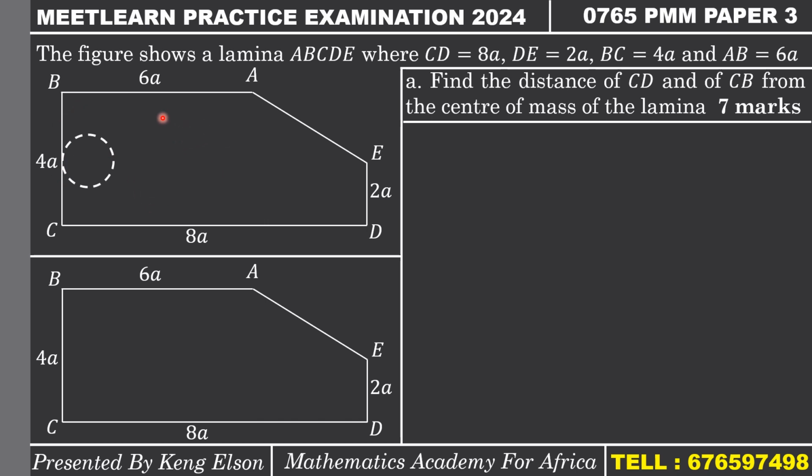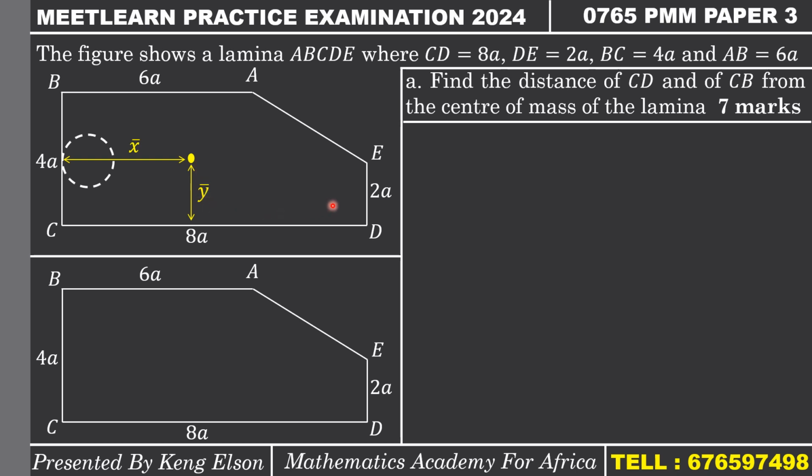The center of mass of this whole lamina will definitely lie at a certain point here, and its distance from CB will be a horizontal distance. We could represent it as x bar, and its distance from CD will be a vertical distance, which we can represent as y bar.